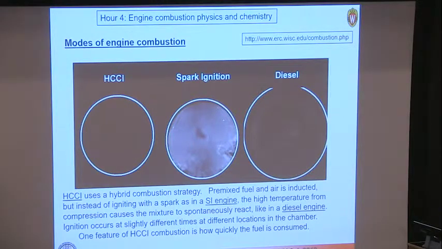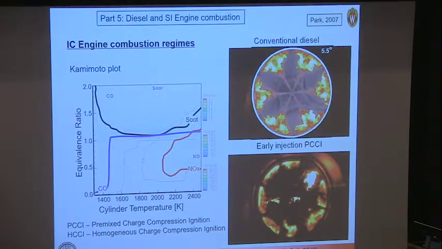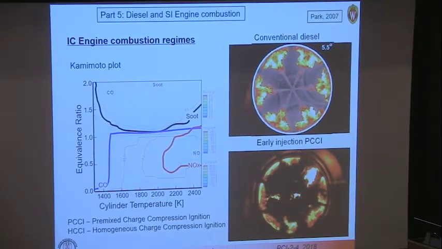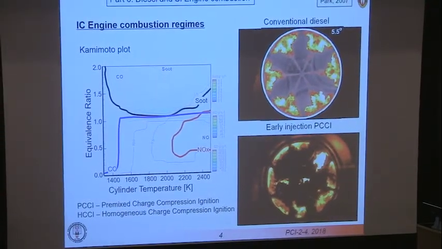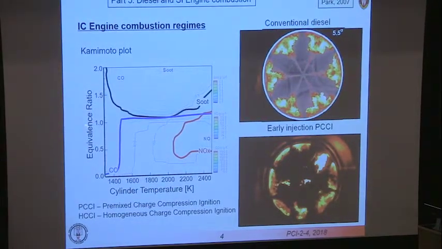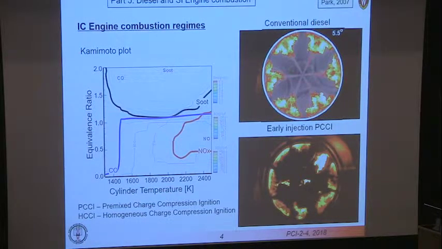combustion process. So to understand these regimes, Professor Kamimoto introduced a plot some years ago that is very, very useful. It comes from essentially modeling the combustion process, starting with a given value of equivalence ratio. That means fuel-air ratio. Stoichiometric is 1 here. And at different temperatures, and calculating after a certain amount of elapsed time representative of an engine operating condition, the amount of various species that you would see in your calculation.